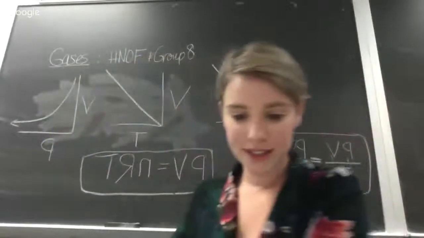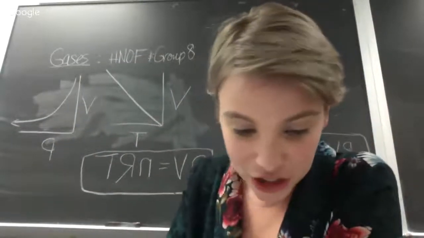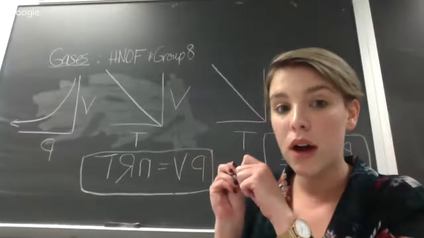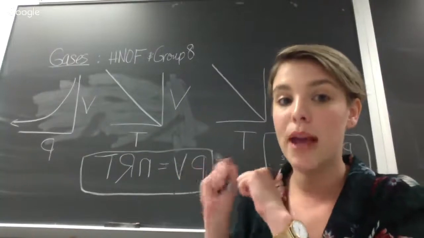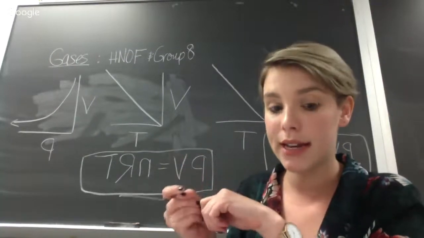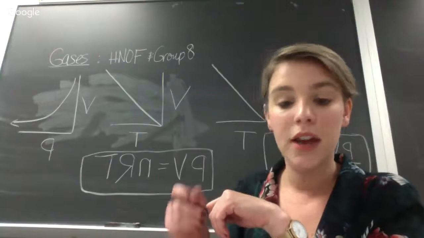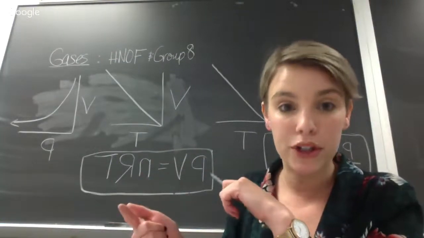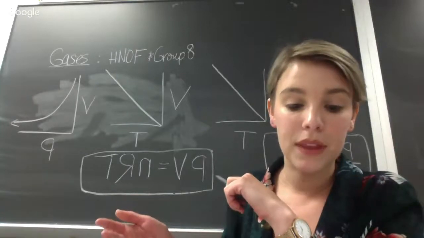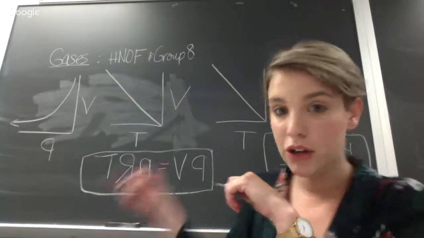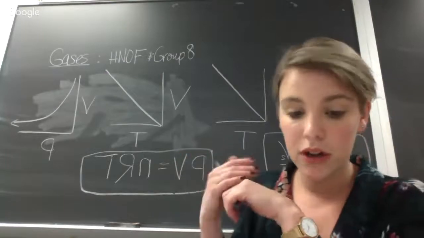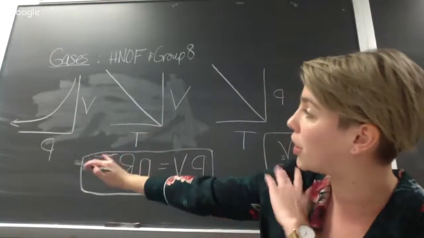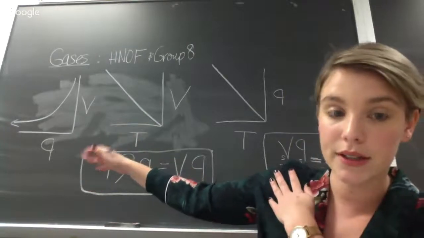This is shown in Boyle's law, because Boyle's law is the only one where volume and pressure are inversely related. All of the other ones, volume and moles, that's directly proportional. Temperature and volume, proportional, that's easy. But just remember, volume and pressure are the ones that are inverse.